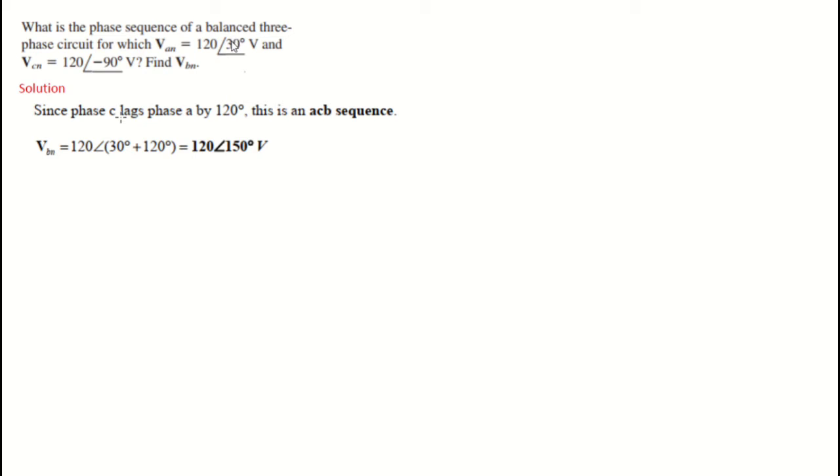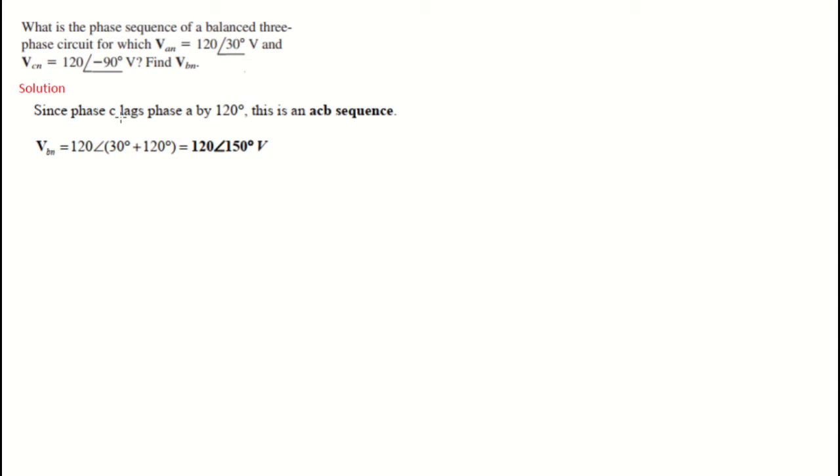But is it plus or minus? If you look at this, VCN is minus 90 degrees. So if you plus 120 degree, you will get VAC. So basically that's why the sequence is ACB.